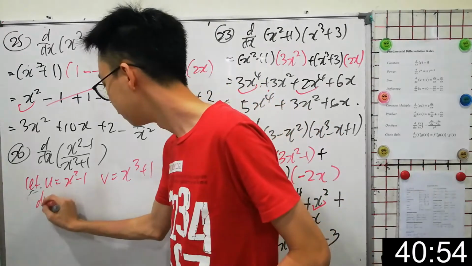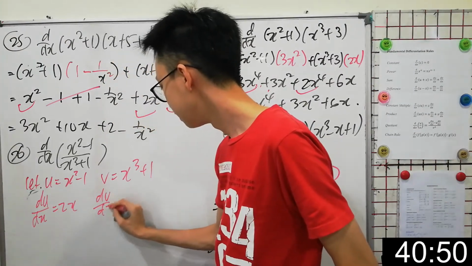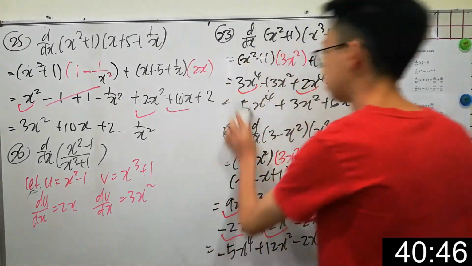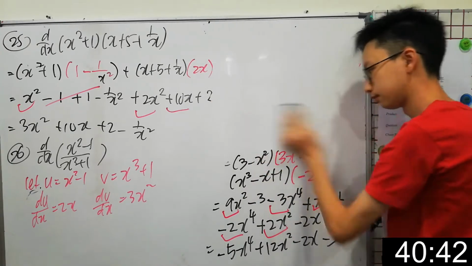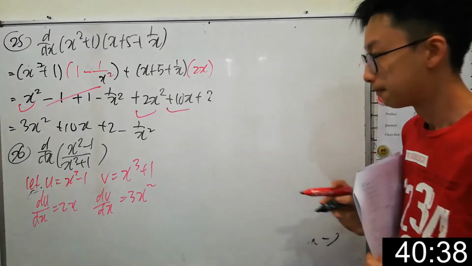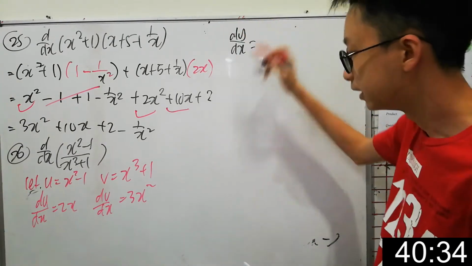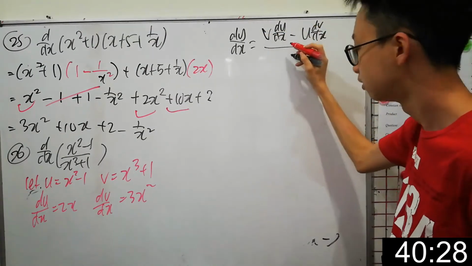Okay, then you differentiate both of them. du dx will be a 2x, then dv dx is a 3x squared. Clear this space here. Okay, so dy dx, or whatever you want to call it, will be equal to v du dx minus u dv dx over v squared.